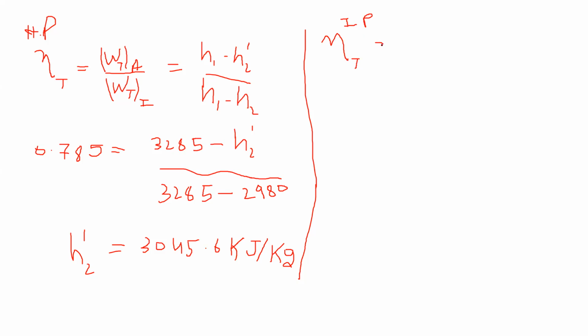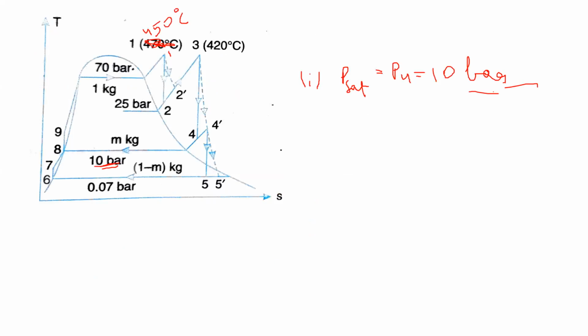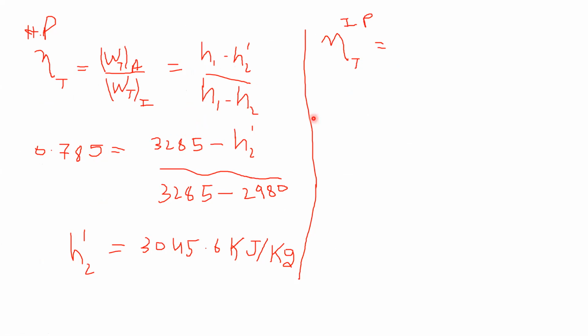Here, the efficiency of a turbine is usually taken as the actual work done by the ideal work done. If you look at this TS diagram, the actual work done of the turbine during the intermediate pressure stage, 3 to 4 dash, is the actual work, and 3 to 4 is the ideal isentropic work. Here the equation is the actual work done by the isentropic work done.